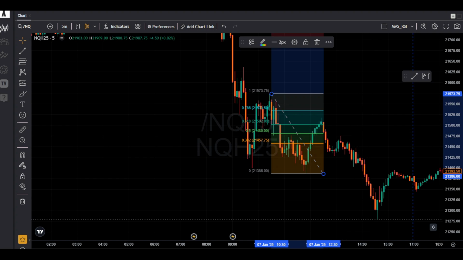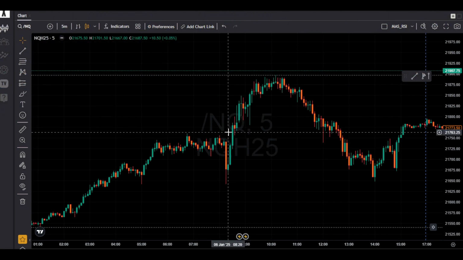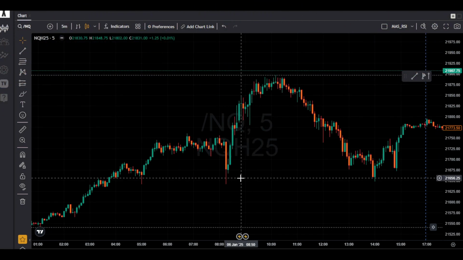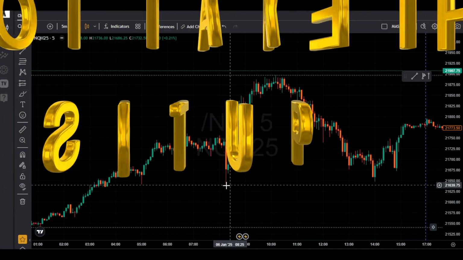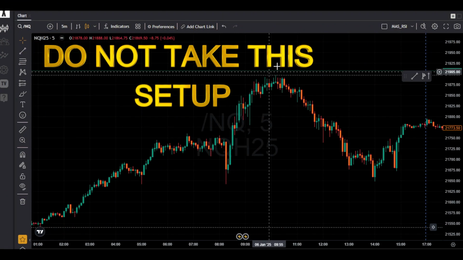So now I will share two examples, one for buy, one for sell, which will not be good setups, and you should avoid those setups. Here's one of the good examples that I was able to find. It's January 6th. As I mentioned, you want to get clean setups. Here the price moved high, it broke the high over here, created a higher high.